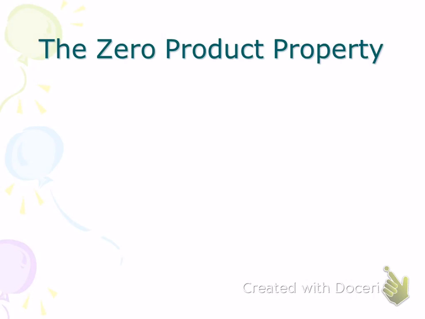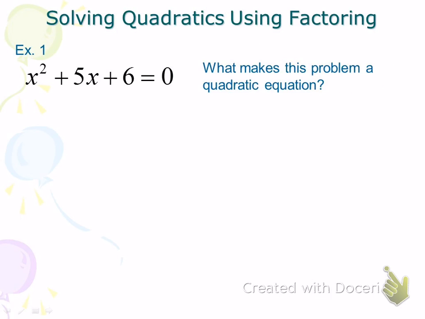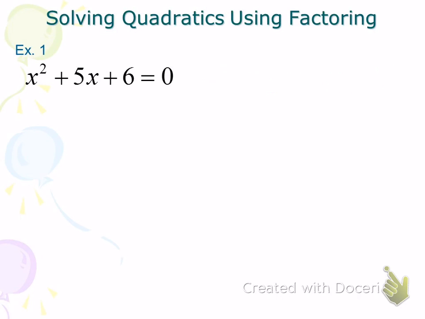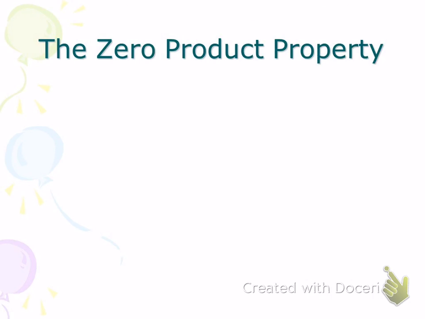The zero product property tells us that if A times B is equal to 0, what conclusion can we draw?